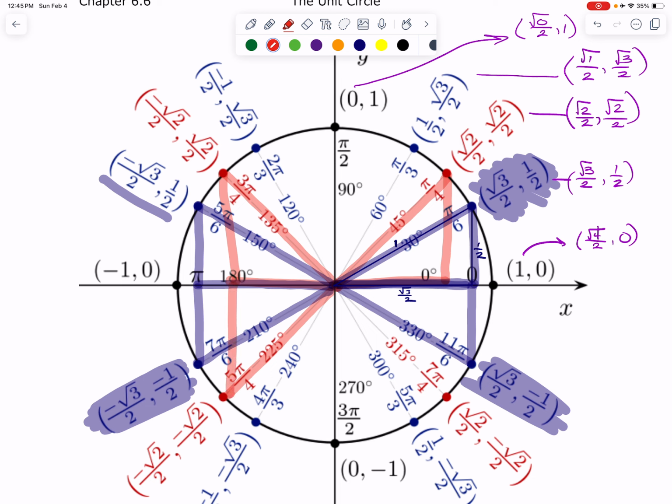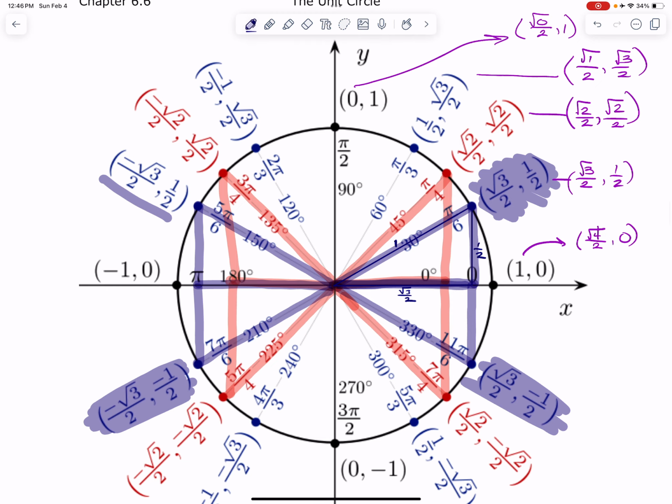Again, all of these reference angles are being made with the x-axis. And then in the fourth quadrant, my 7 pi over 4. And again, we can compare those coordinates. Because of the symmetries of the circle, everything looks the same on the left and the right. Everything looks the same going up, going down.